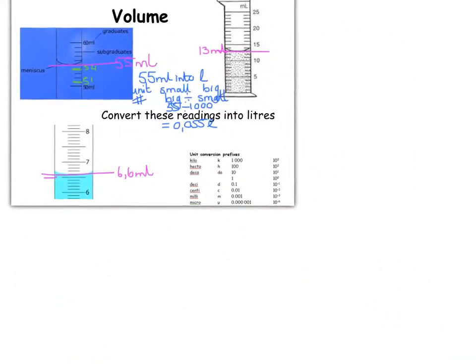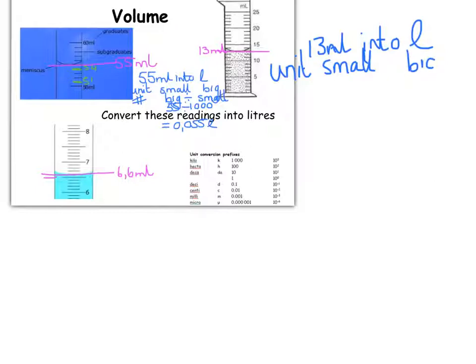Let's look at the other two. If I'm going to take 13 milliliters, and I'm going to convert that into liters. Again, the unit 1 milliliter is small when I compare it with 1 liter, which is big, and the number will therefore go from big to small.